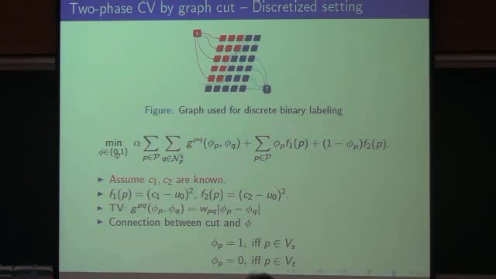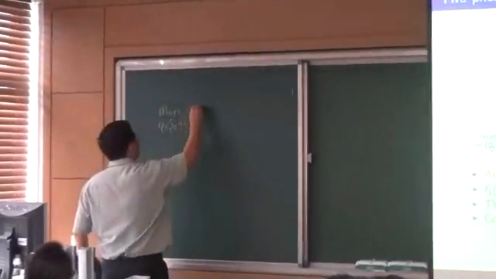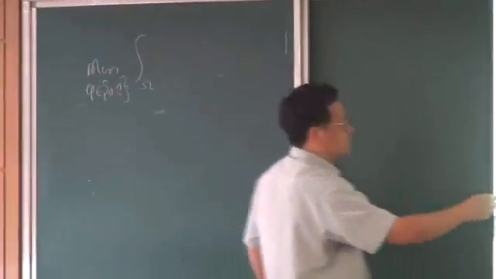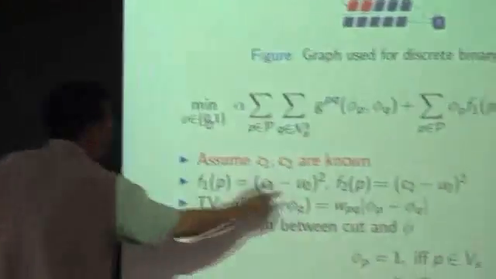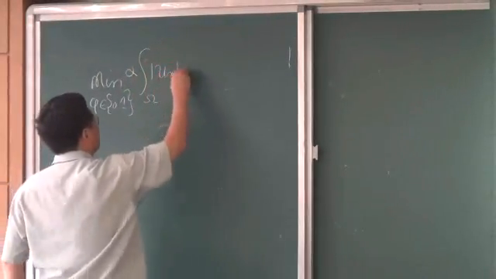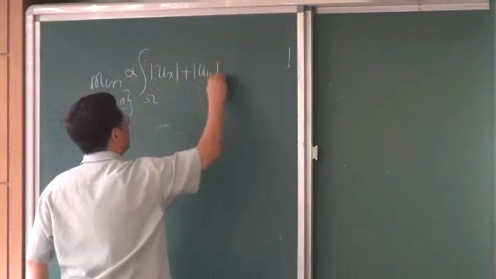I think I didn't write it down in the continuous case. The continuous version for this one is that you minimize over phi in 0, 1. So this is a cut. The first part, alpha w_pq, in fact gives you ux plus uy.